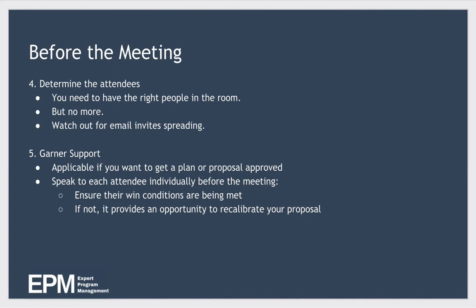One thing to watch out for is email invites spreading. With the advent of technology, obviously meeting invites are often sent by email. One problem this creates is that invites are forwarded by attendees to other people they think might be interested in attending.